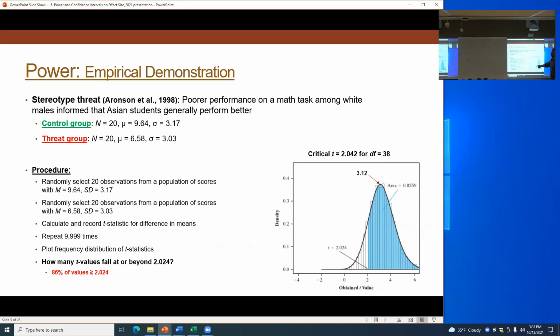I can mark this, and then I can say what percentage of this distribution falls at or above my critical value, right? Because for any of these tests across these 10,000 replications where I get a t value of 2.024 or more, Amanda, what do I do in those replications? Do I reject or fail to reject?